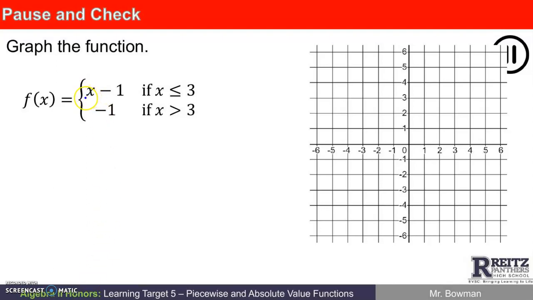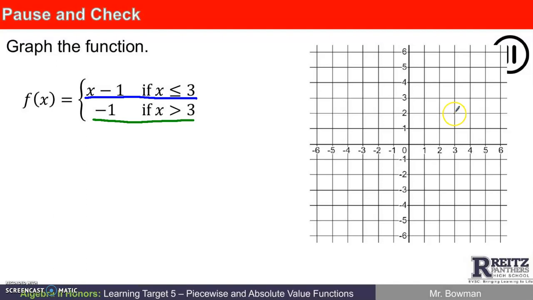Okay, how'd you do? I'm going to do each part of this in a different color to help distinguish which part came from which. Part of the rule for this piecewise function is that if x is less than or equal to 3, then I need the output value to be 1 less than the input. So I'll start at 3 and work my way backwards. When x is 3, 3 minus 1 is 2.